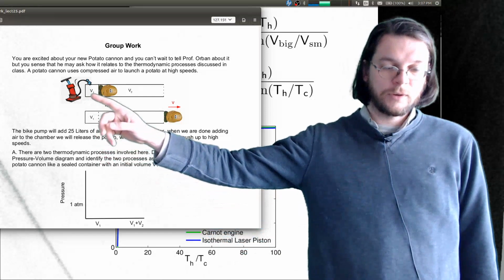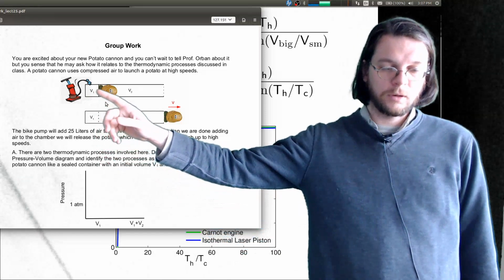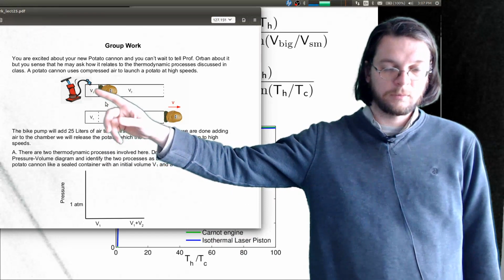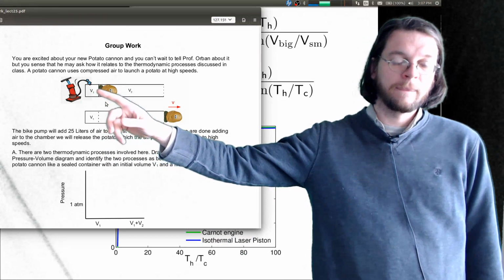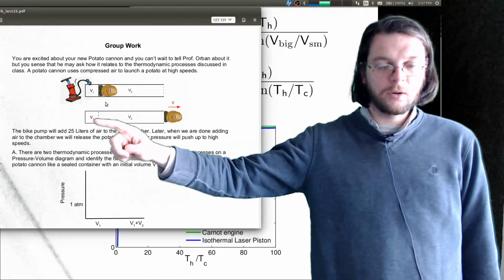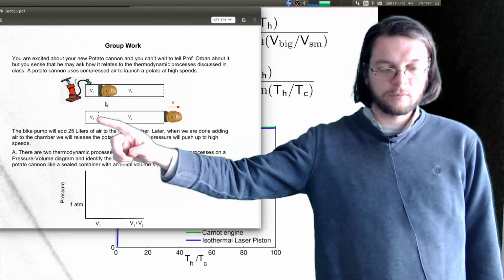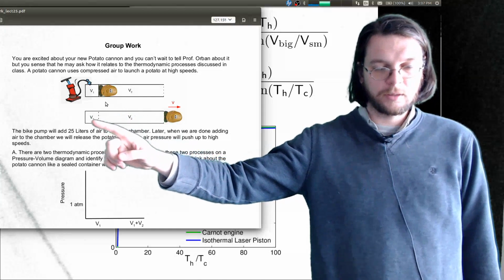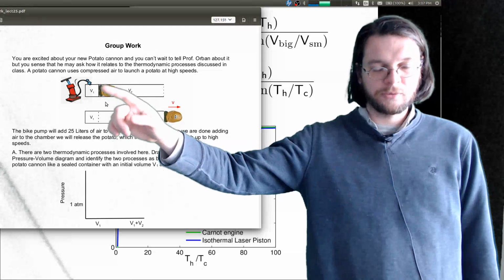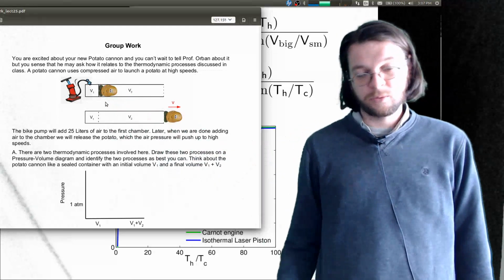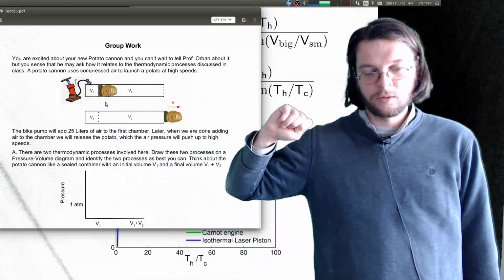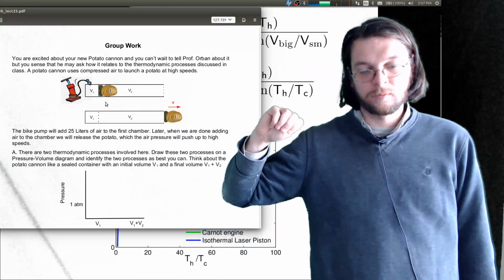So in this first phase, we're going to pump a bunch of air into this container, this part of the potato cannon, until it's very high pressure, and then we're going to let it go, and the sealed part of this thing is going to expand. You can imagine there's like a plunger at the front of this potato cannon. If it was a real potato cannon, then you kind of have to use the potato itself to make that seal.